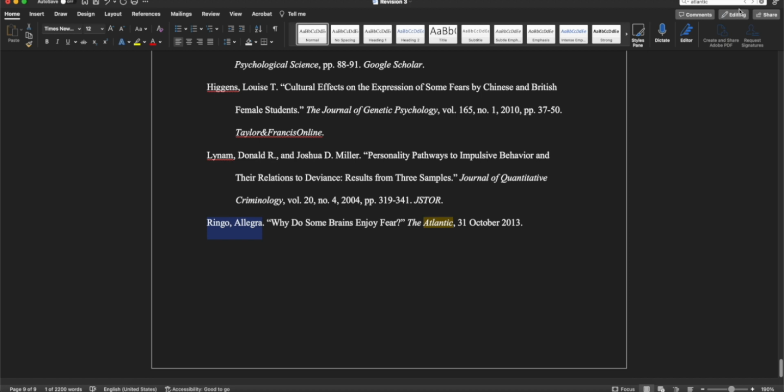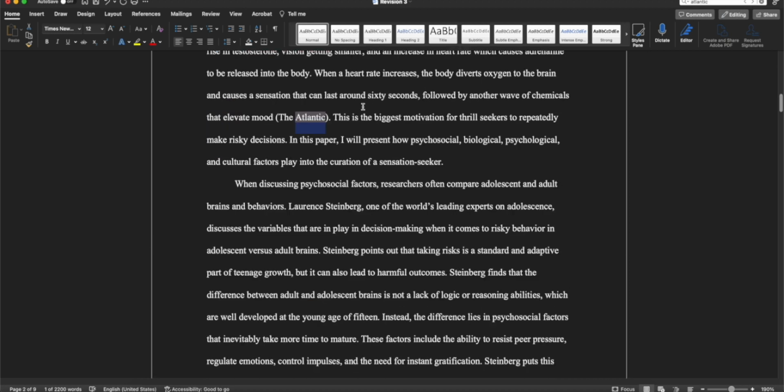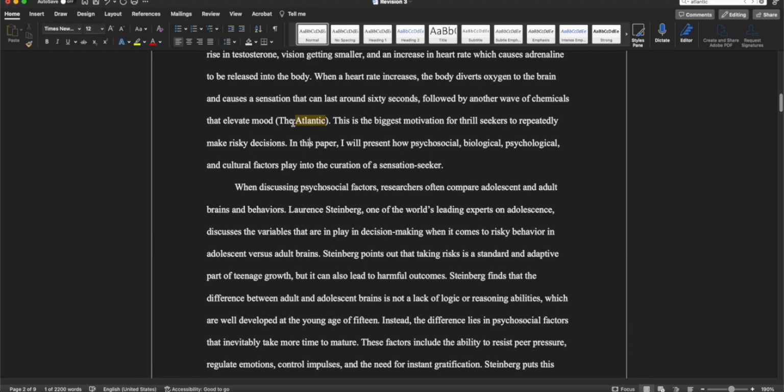So let's go back up to our first one with the citation. We want to put Ringo in there. I also happen to know that The Atlantic has page numbers on everything it does, and so we do need a page number here, whatever that may be.